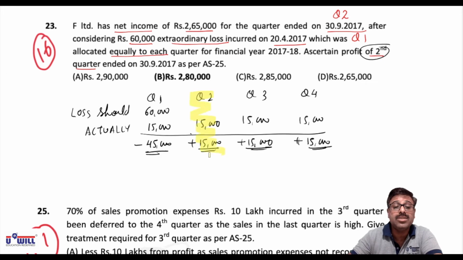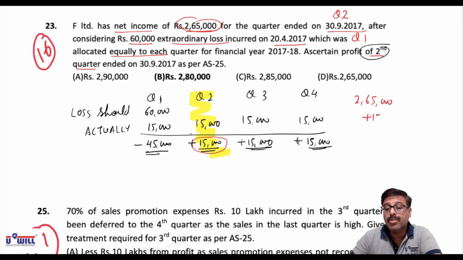September means quarter 2. So we are supposed to add 15,000 to this 2,65,000. So 2,65,000 plus 15,000, the reported profits will be 2,80,000. Option B is the correct answer.